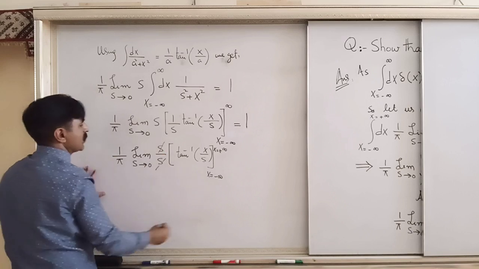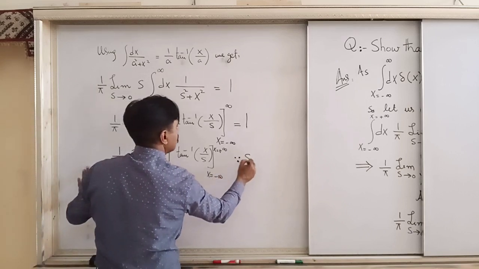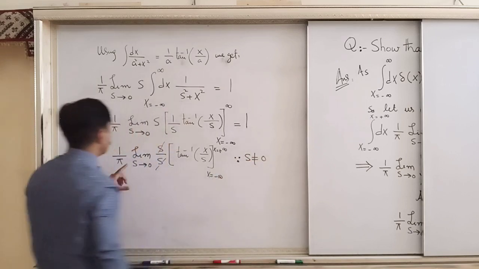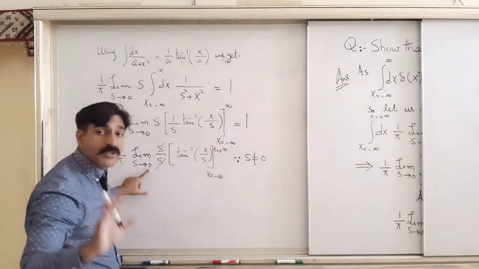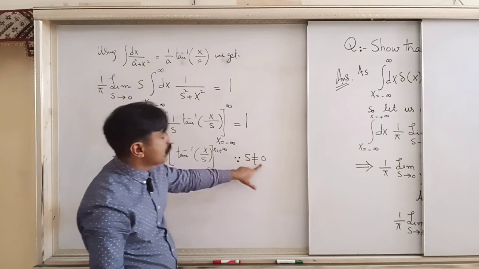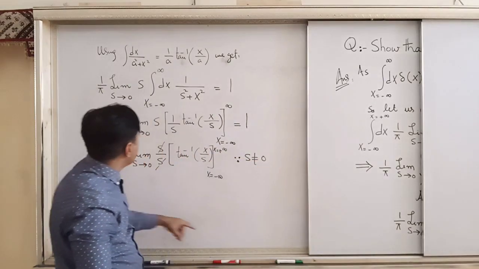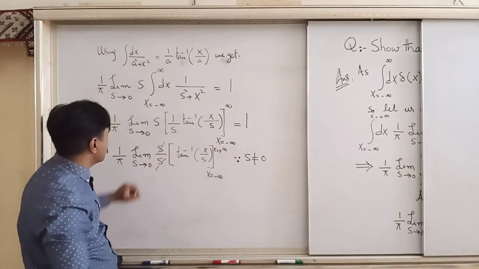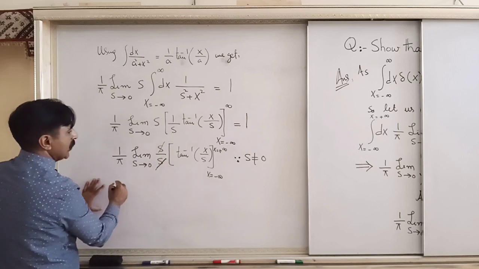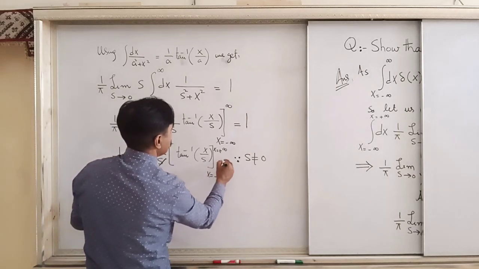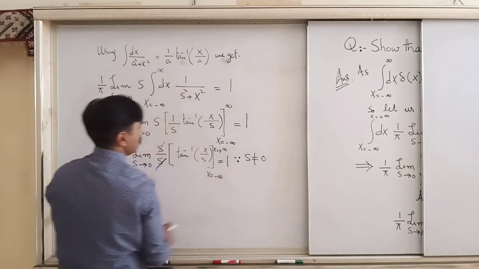This s will cancel because s is not equal to 0. This limit s approaches 0 means s is a number very close to 0, but it is not equal to 0, right? It is for this reason that this s over s can be cancelled, otherwise it will not cancel. Okay, and on the right you have this one.